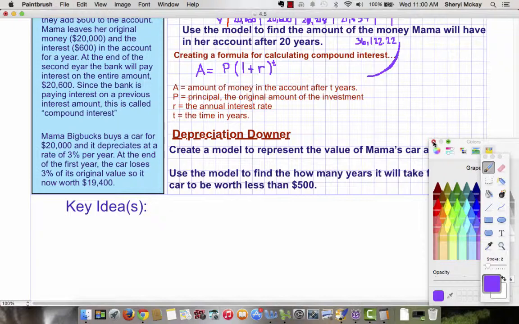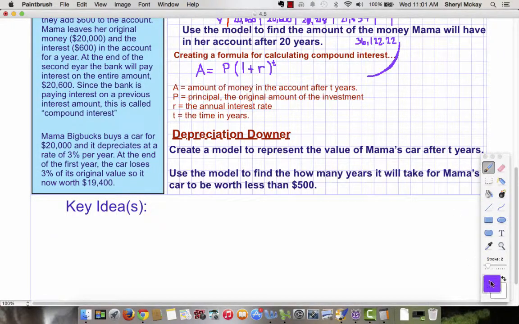Think about Mama Big Bucks, who buys a car for $20,000, and it depreciates at a rate of 3% per year. At the end of the first year, the car loses 3% of its original value, so it's now worth $19,400.